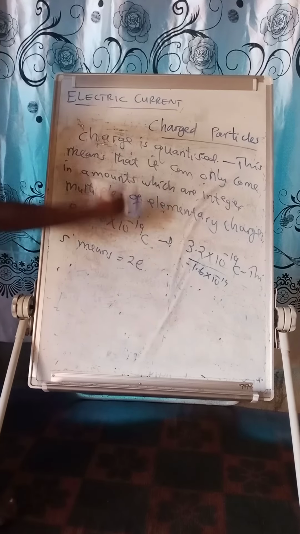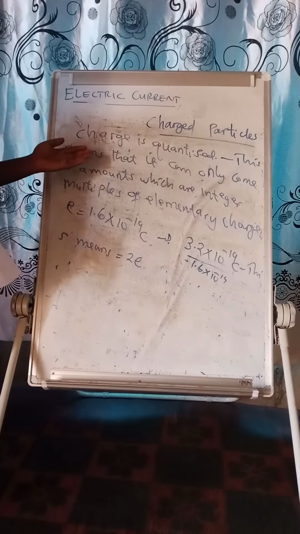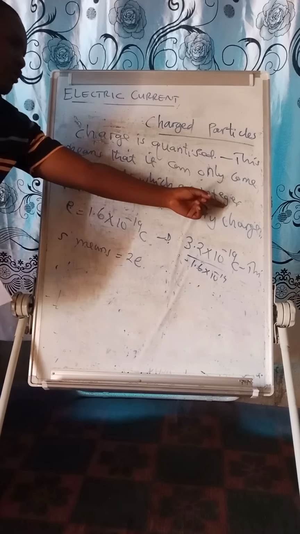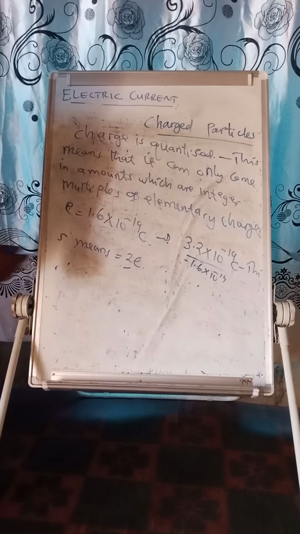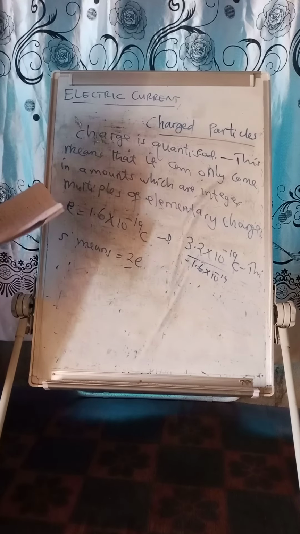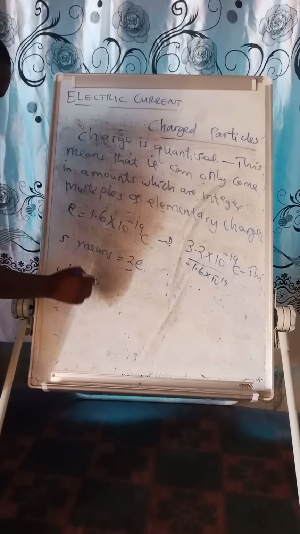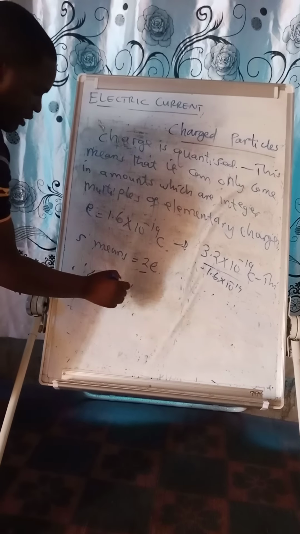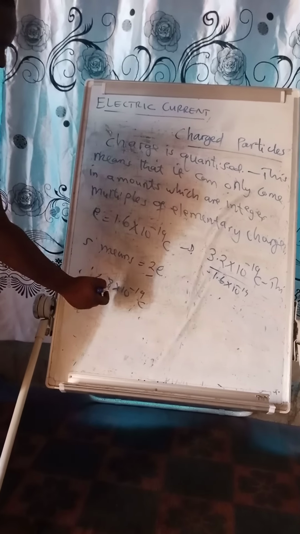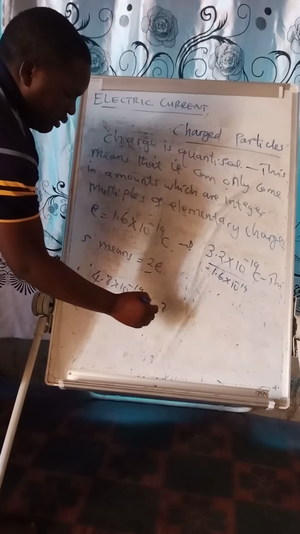So in this case, we say charge is quantized. This means that it can only come in amounts which are integer multiples of the elementary charge. Also, for example, 4.8 times 10 minus 19 coulomb: if we divide by 1.6, we get 3, so this is 3e.